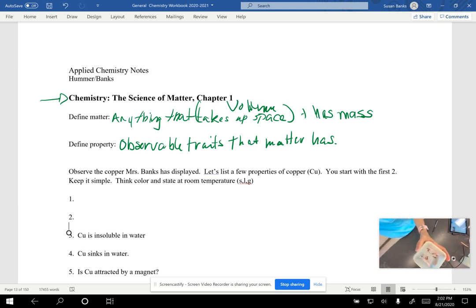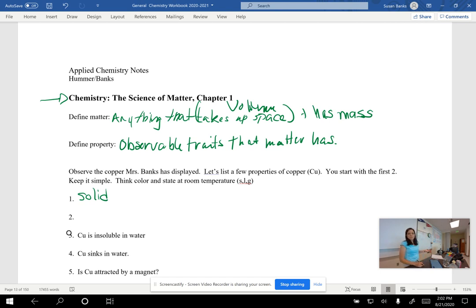Okay, so let's see if we can describe copper. Think about it for just a little bit. So at room temperature, copper is a solid. You guys see that as solid pieces? So let's write that in our notes. At room temperature, copper is a solid.